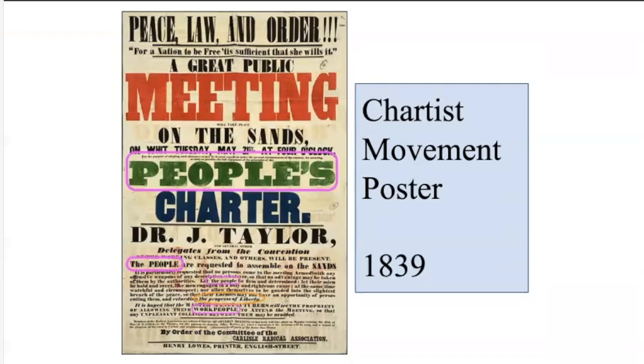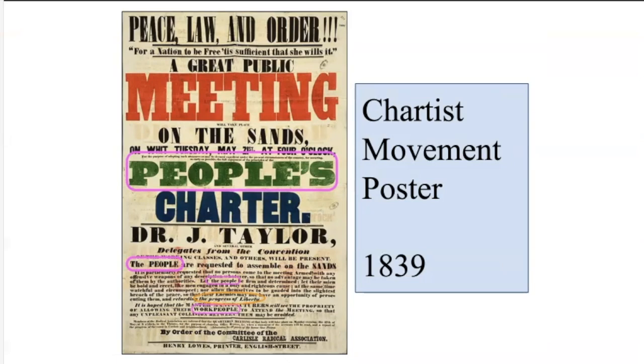This is a poster from 1839, so not where we are now in time, but pretty much close to the end of the time period covered by this course. And this poster is demanding universal suffrage without property qualifications. The list of demands sought by the organizers of the meeting was written by the London Working Men's Association.